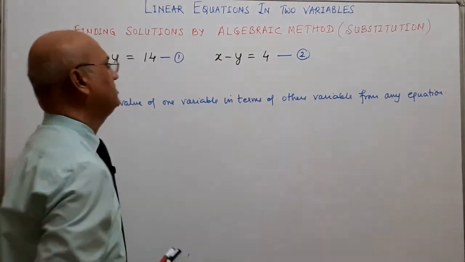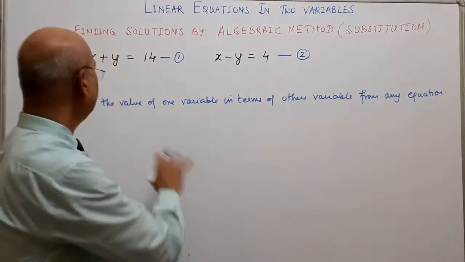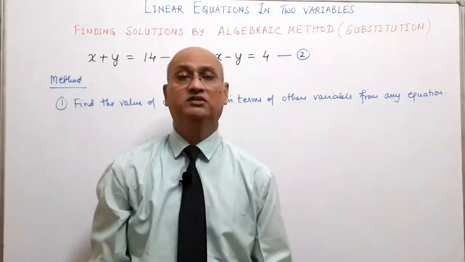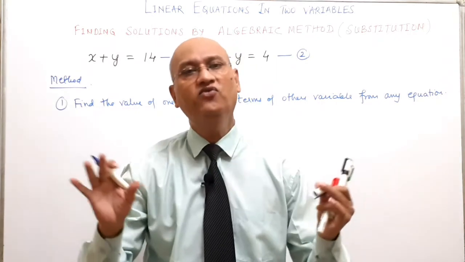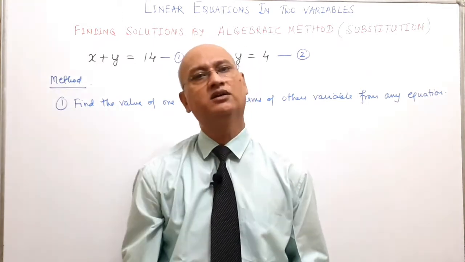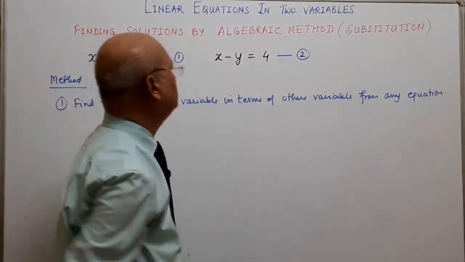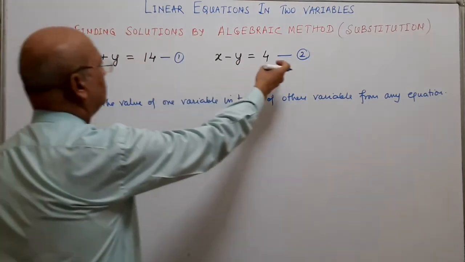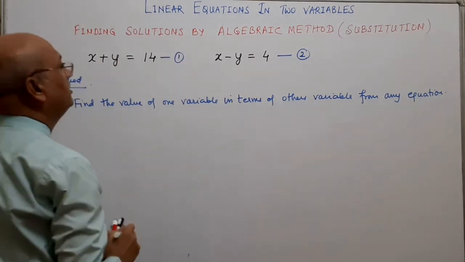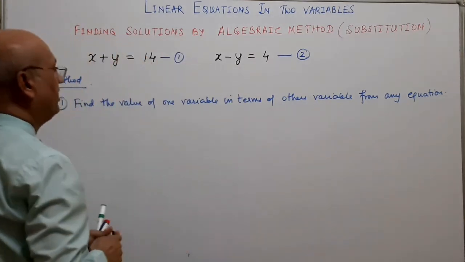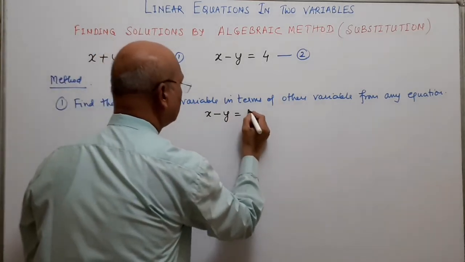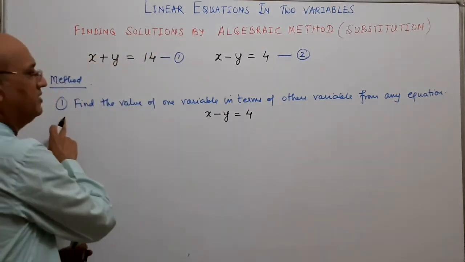As you know, two equations are given to you, and you have to find the value of one variable in terms of the other variable, so that you can either find the value of x in terms of y, or the value of y in terms of x. Now you can select any one equation. Suppose I select equation 2, you can select 1 also, no problem. So if I am selecting equation number 2, let's see what happens. I am selecting here x minus y is equal to 4. For this first step, what you have to do?